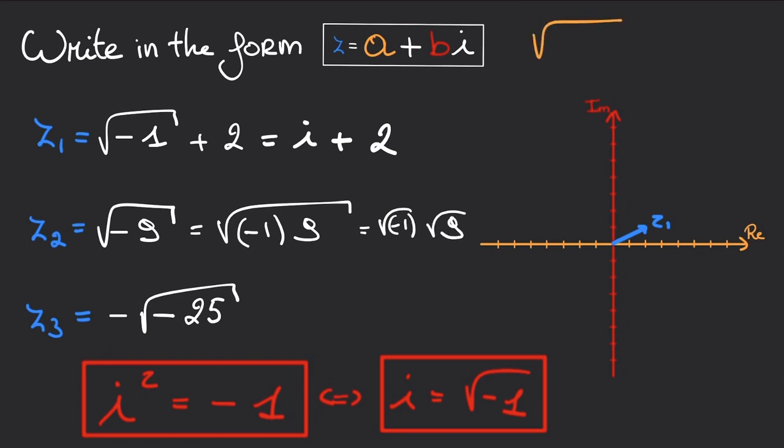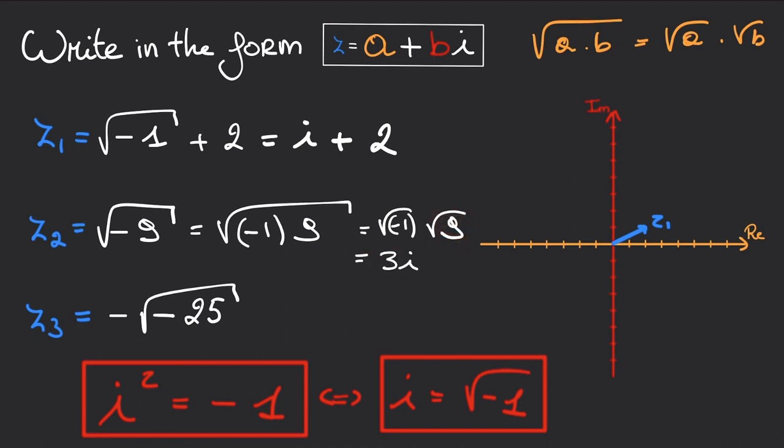By the way, I'm just using this formula that you have learned previously. You can just break the square roots when you have a multiplication inside. And then, of course, the goal of doing that is, again, to transform the square root of -1 into i. Also, the square root of 9 is 3. So the value here is 3i.